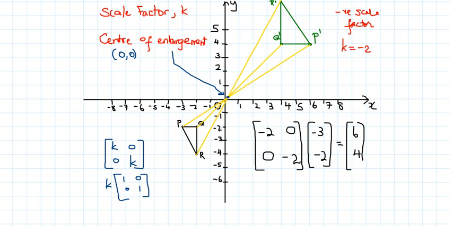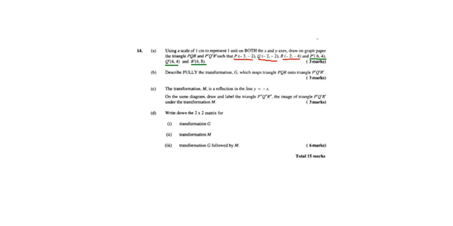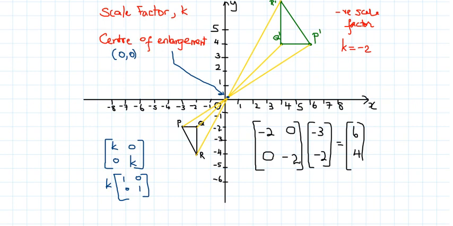Alright, so let's go back to the question actually, because I ended up doing everything one time. They're asking here to describe fully the transformation G which maps triangle PQR onto triangle P'Q'R'. Here, if we had to state what transformation occurred, we'd say it was an enlargement of scale factor -2 through a center of enlargement 0, 0.